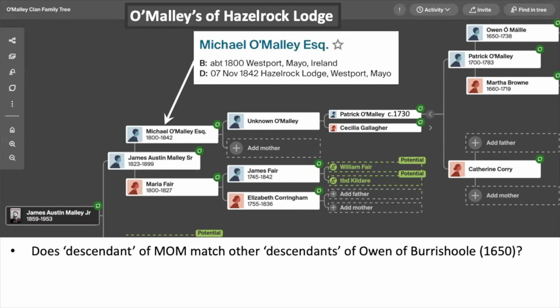But his descendants, this fellow here, James Austin O'Malley Sr., he was one of 3 brothers who emigrated to Connecticut, and one of them, Walter, in New Haven, became the largest retailer in all of New England. He had a very large department store, became very wealthy.